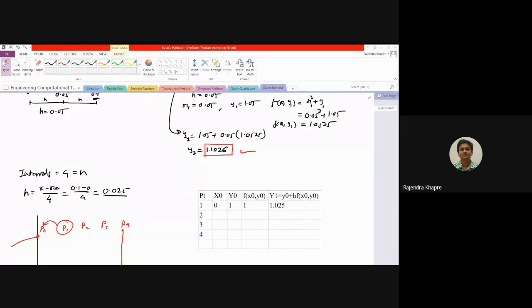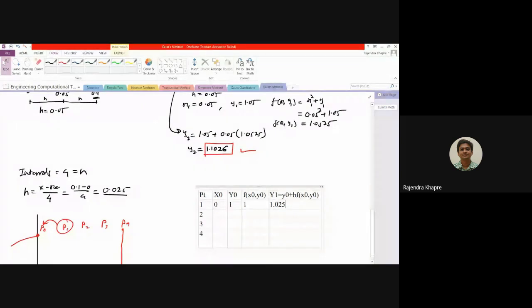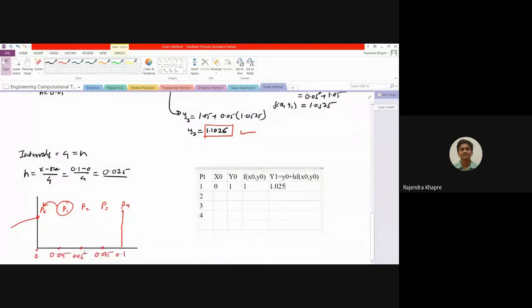Okay, so this is the coordinate of your point number 1. But now we have to find out the location of the next point, for which we have to refer to the previous point. So in the second cycle, your x value will become 0.025 and y will be 1.025.